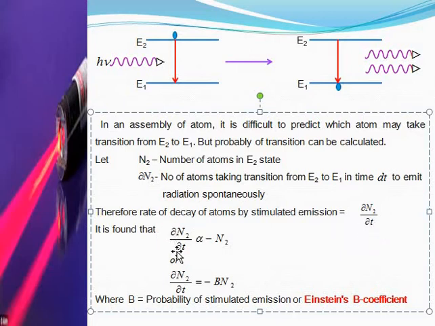It is found that dN2 by dt is directly proportional to minus N2, or dN2 by dt equals minus B into N2. Again it is directly proportional to the number of atoms in the excited state, and the negative sign shows that the number of atoms decreases with increasing time. Therefore we introduce the proportionality constant B, where B is the probability of stimulated emission, or Einstein's B coefficient.